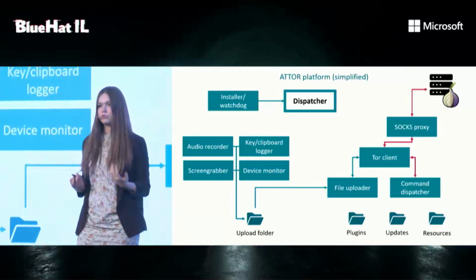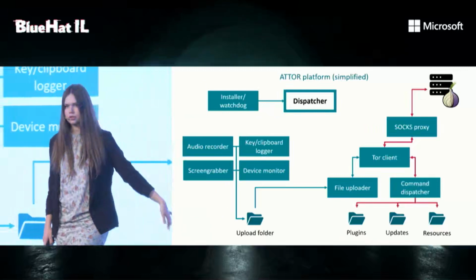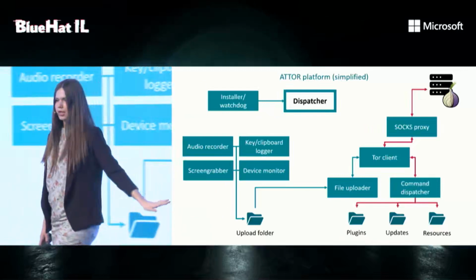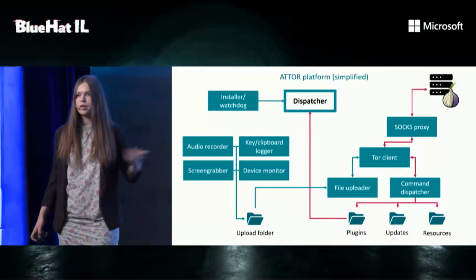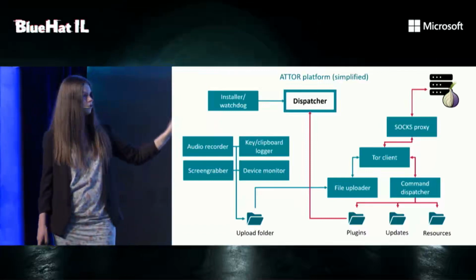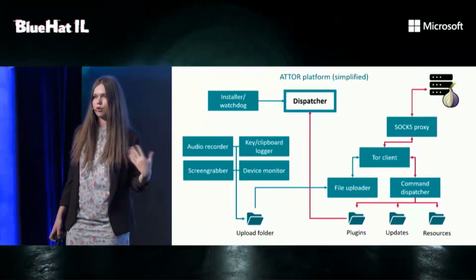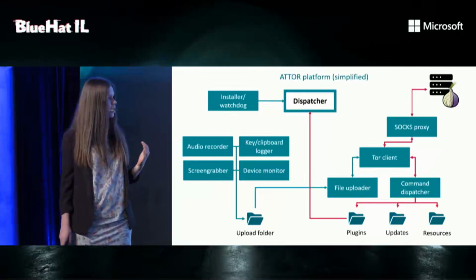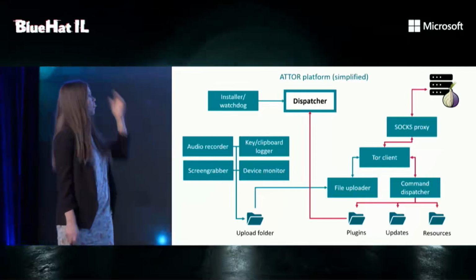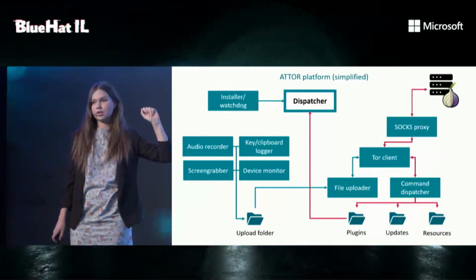And if there are any new tools pushed to the computer, then these get stored in other central upload folders. And these are then monitored by the dispatcher, so if there is an update for a plugin, then the dispatcher can load it. So there is a mechanism by which you can have your malware always up to date, and it works this way. The interesting part here is that the dispatcher never directly communicates with the CNC server.